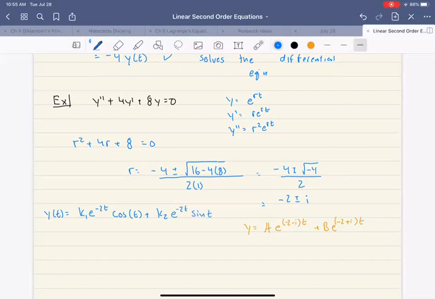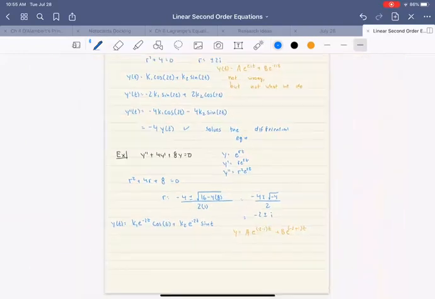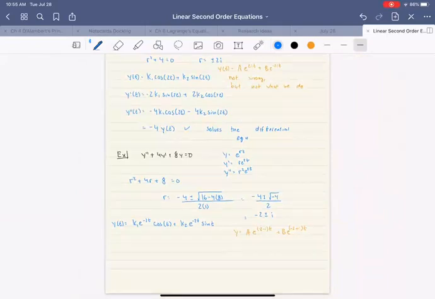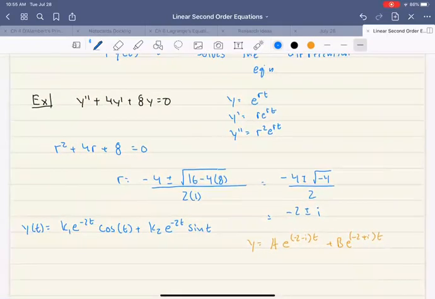Okay, and that represents the oscillatory part, the cosines and sines. Okay, so we've gone through all three different cases. We're going to go ahead and start solving some initial value problems in the next video.